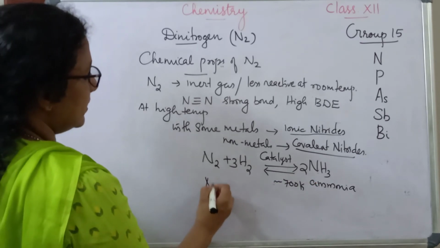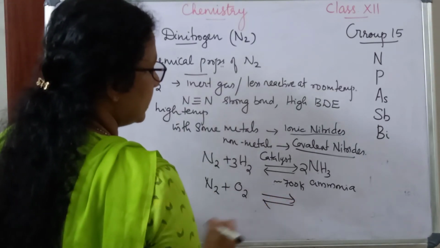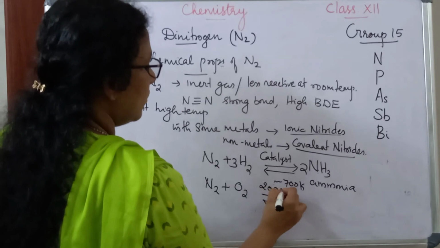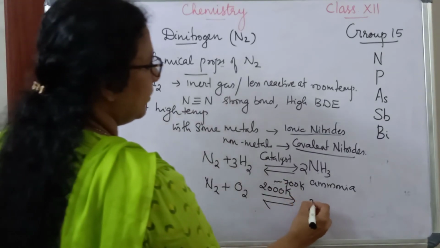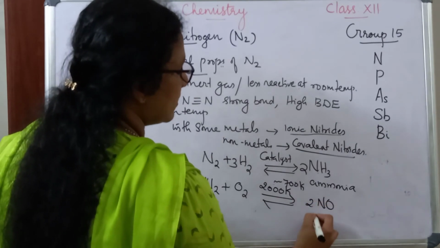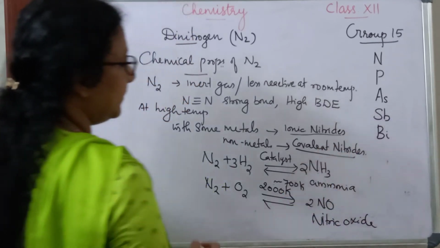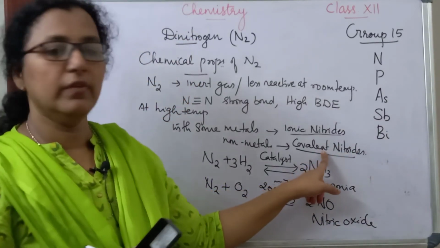Then another reaction is N2 plus O2. It's also a reversible reaction. This happens at 2000 Kelvin. At high temperature like 2000 Kelvin, it produces nitric oxide. So in these two cases, it formed covalent nitrides.